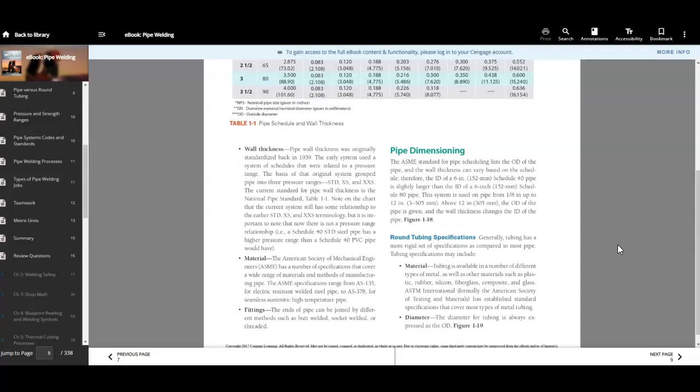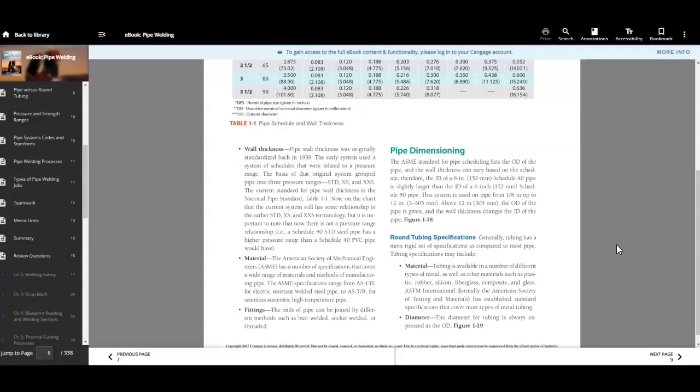Note on the chart that the current system still has some relationship to the early terminology, but it is important to note that now there is not a pressure range relationship, i.e., a Schedule 40 standard steel pipe has a higher pressure range than a Schedule 40 PVC pipe would have.